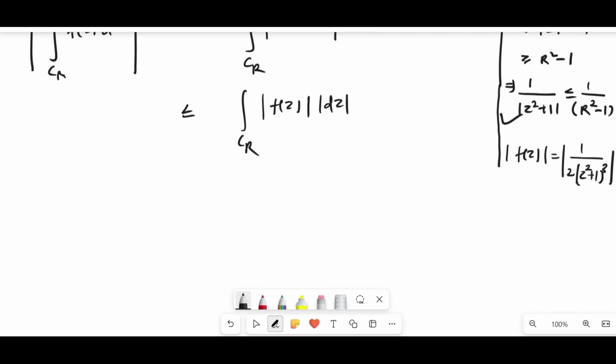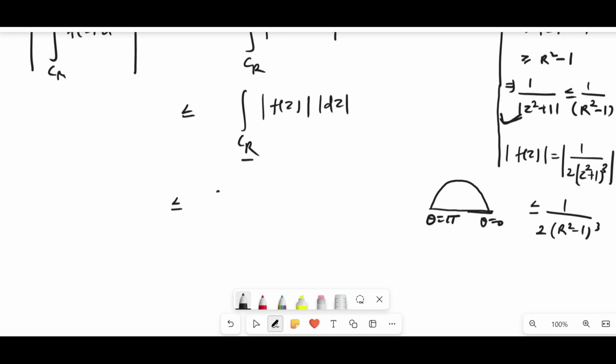So by using this concept, this is less than or equal to 1 upon 2 times r square minus 1 to the whole power 3. After the substitution, as we can see in the upper half plane, for this half circle theta varies from 0 to pi.